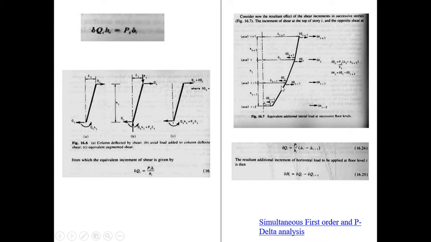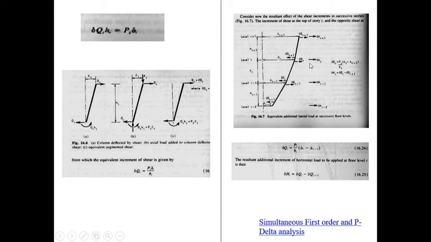Now these are the deflections, the displacements, given here. So here it is delta h i minus 2, delta h i minus 1, delta hi and delta hi plus 1. So this is the displacement given at each level.